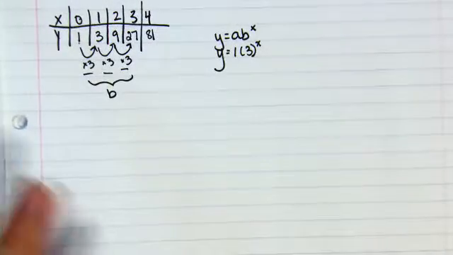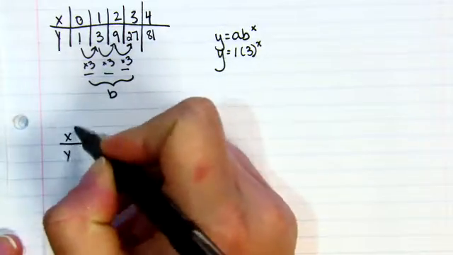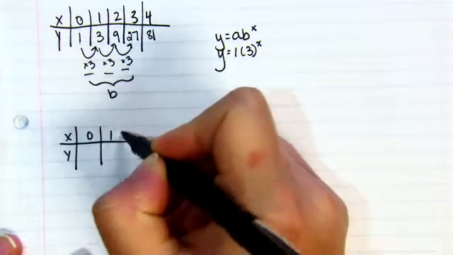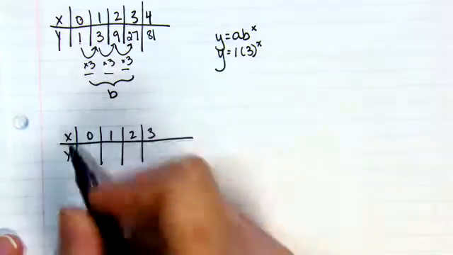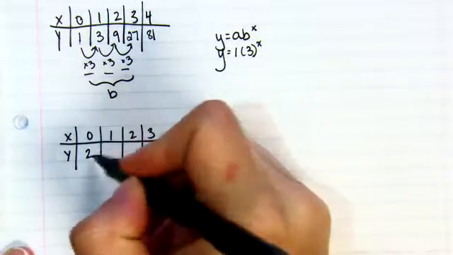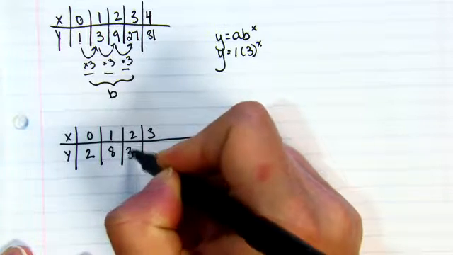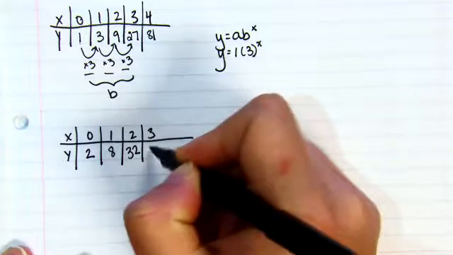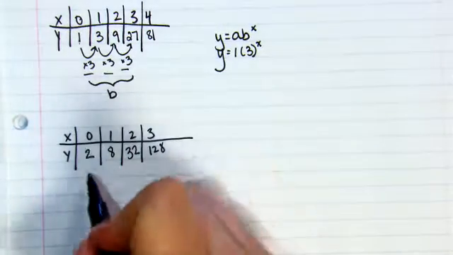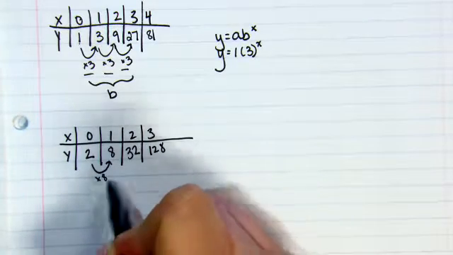So another example, if I had this table, and let's say I start with 2, hope I did this right. 2 times 4 is 8.